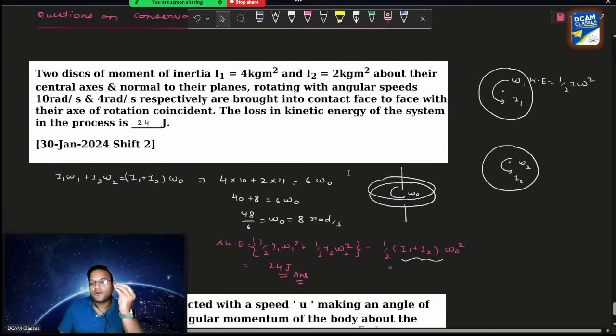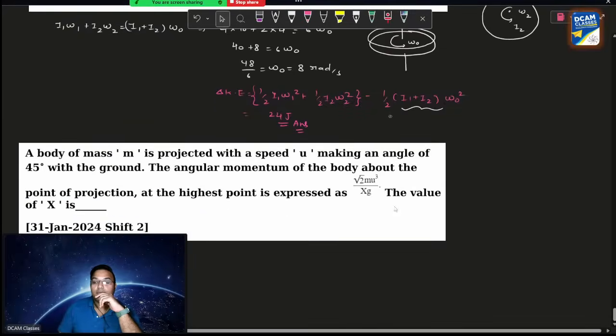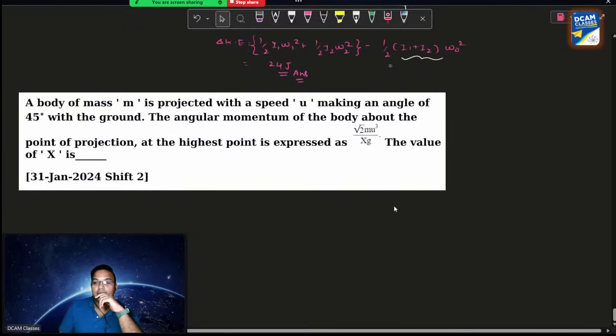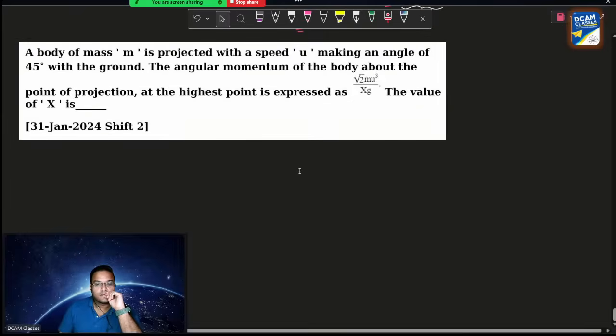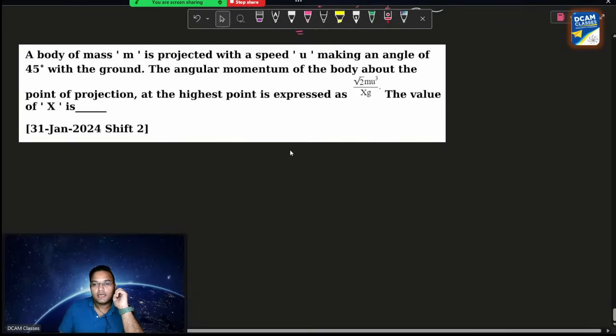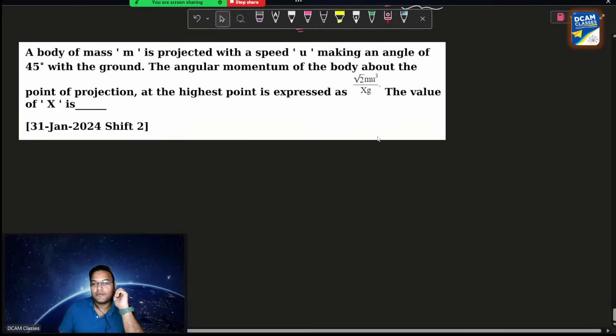No option was correct. Then I thought, I think there is some mistake. Then I moved back, changed the minus, and then I got the answer. But actually it was easy. So the question was not difficult, but it was tricky. Yes sir, it was slightly tough. Everyone has solved.